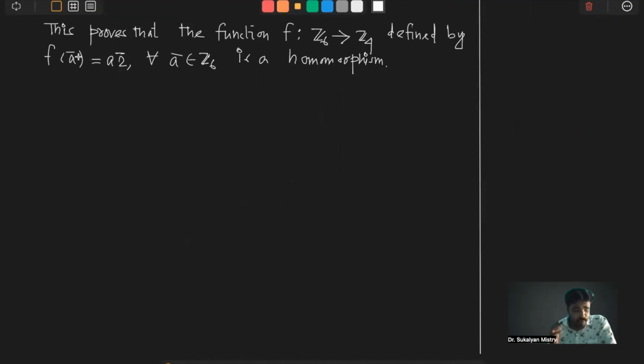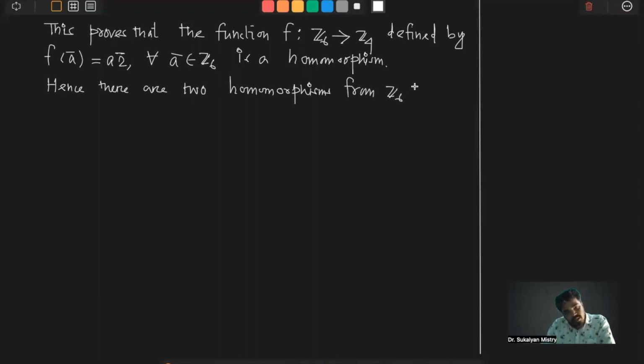So hence there are two homomorphisms from the group Z6 to Z4. Clear?